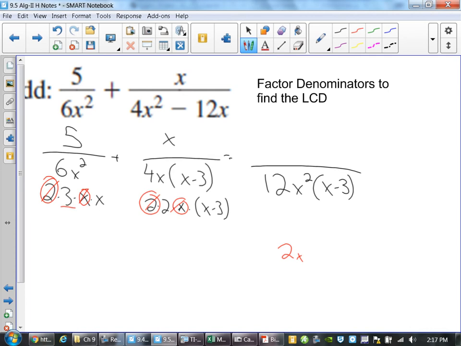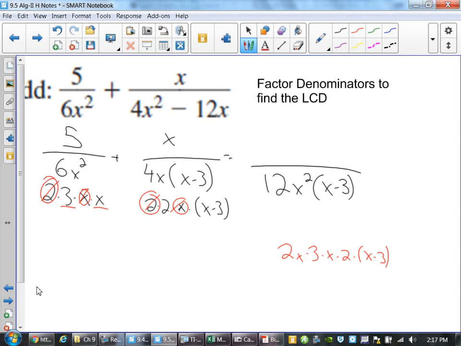What's left? 3x. And that's what I'm doing. I'm just saying it out loud. I'm still prime factoring, but we should be able to do a lot of that prime factoring off the top of our head.